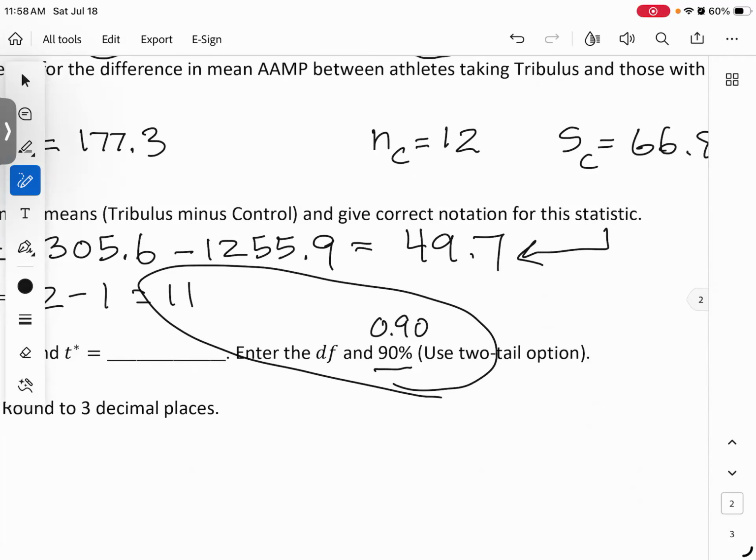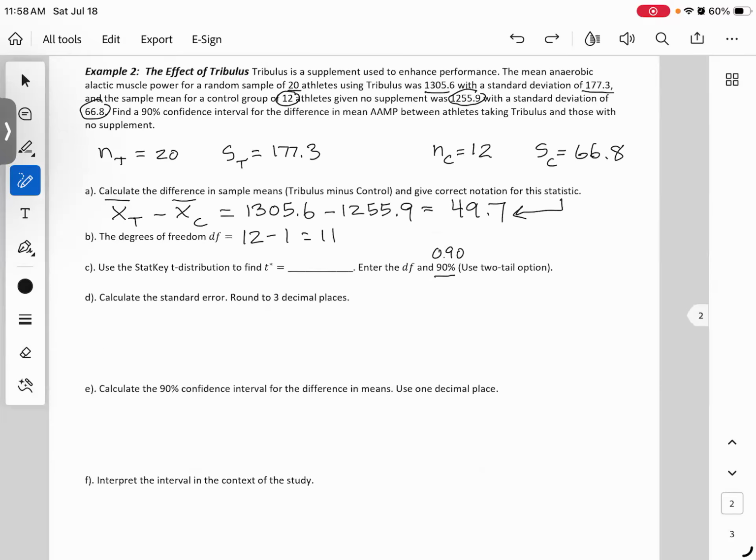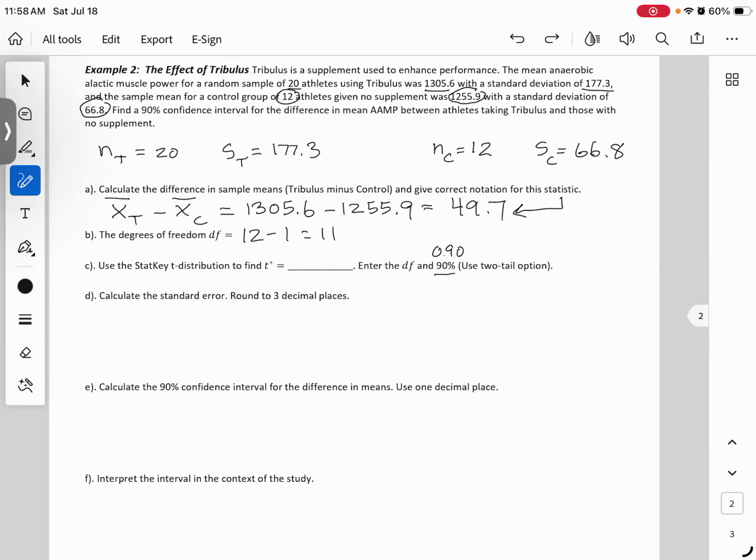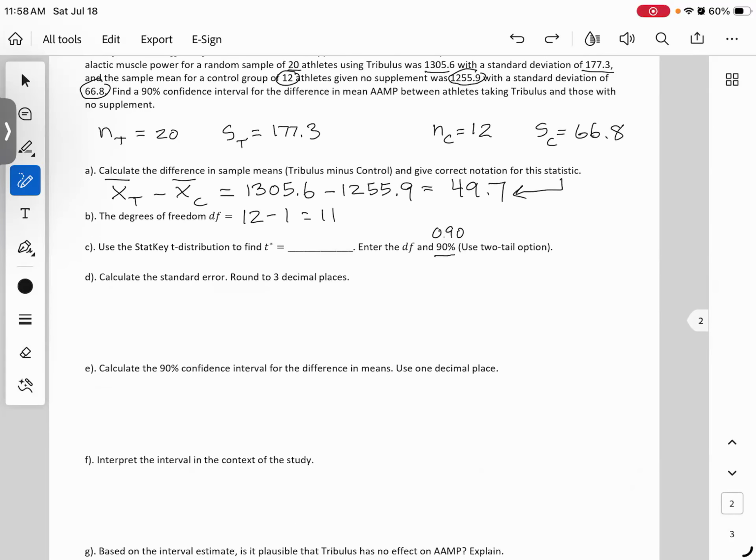We're not just interested in the right tail. When we get to part E, we're going to want the lower value and the upper value. So in other words, we want a two tail.